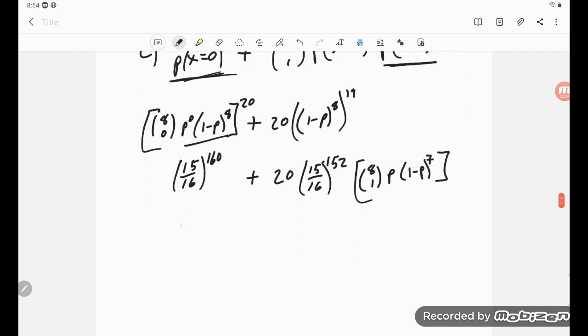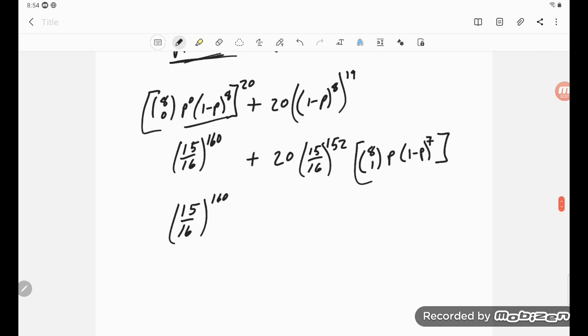Okay, and so we have here 15 over 16 to the 160, and I have calculated that. That's 0.00 zeros, I guess, 327, and we'll toss in a 6 there. And then up here, this is plus, so we've got an 8 and a 20, so that's 160.